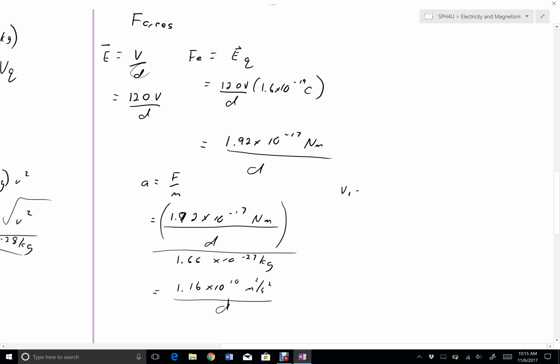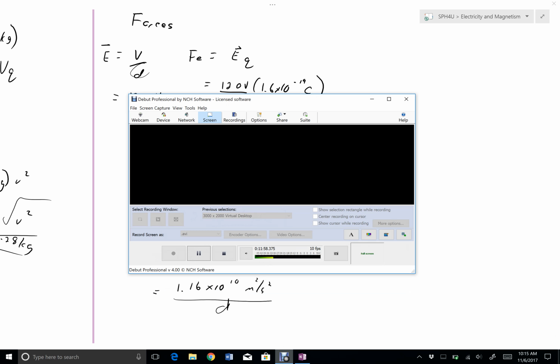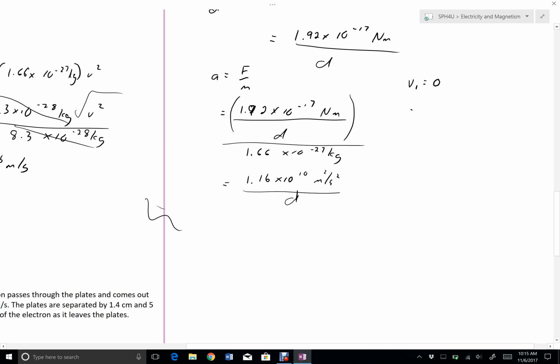Okay, assuming I'm starting from rest, I'm traveling a distance D, I'm interested in V2, and I have my acceleration. So the equation I'm going to use here is 2AD equals V2 squared minus V1 squared.